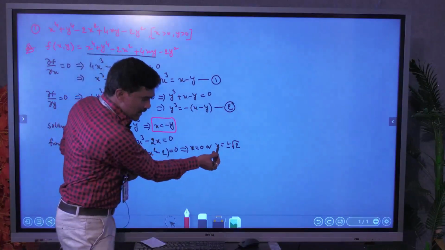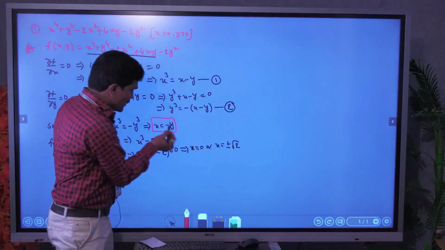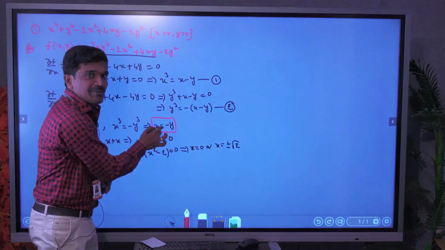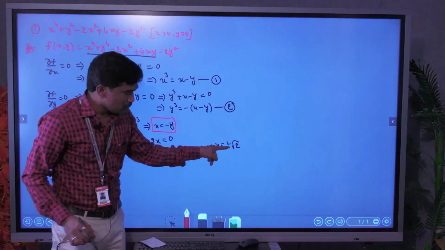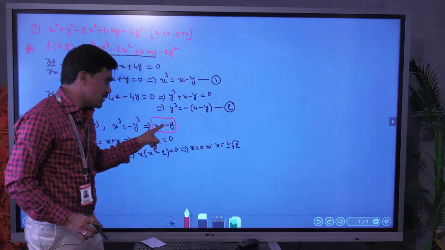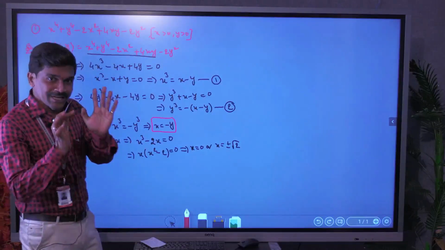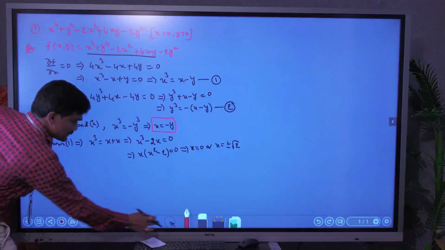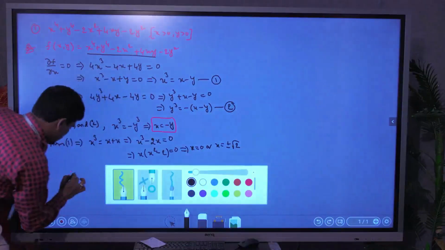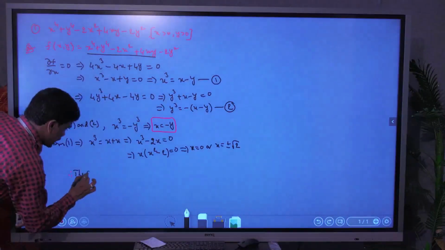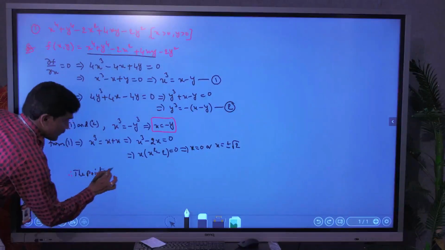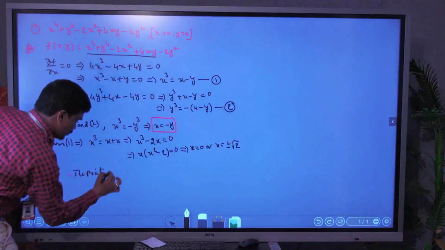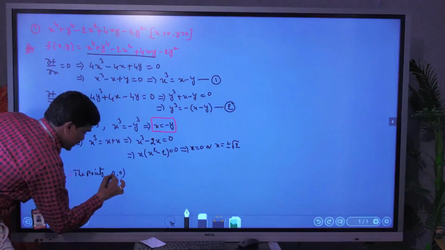Now if x is equal to plus root 2, then y is equal to minus root 2. If x is equal to minus root 2, then y is equal to plus root 2. So what are the points here? If x is equal to 0, y is 0, so the point is 0 comma 0.